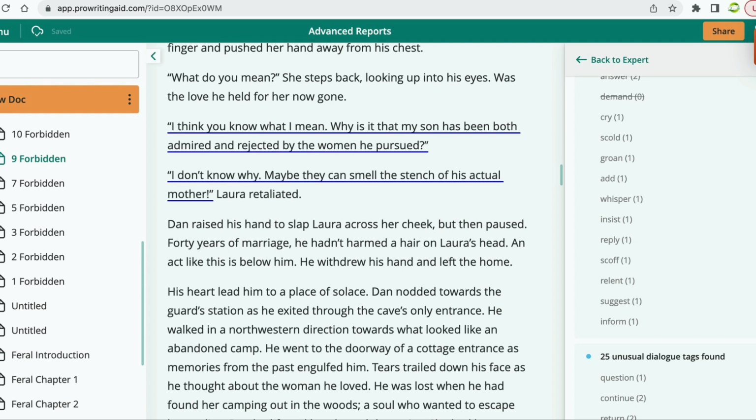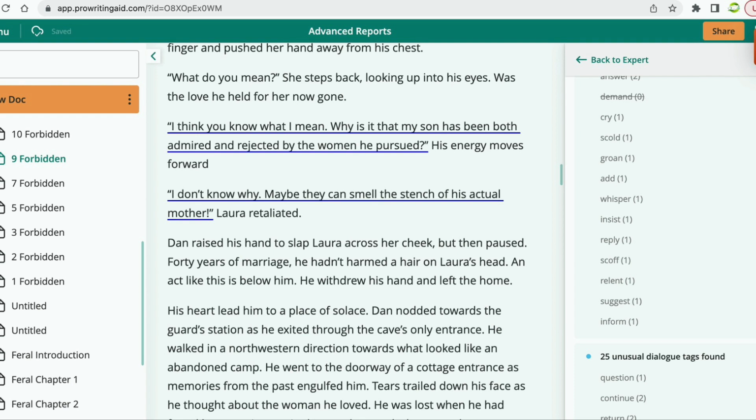And we're going to say he steps, he moves. I'm going to say his energy moves forward, causing Laura to step back further.